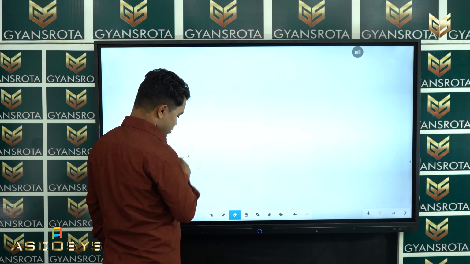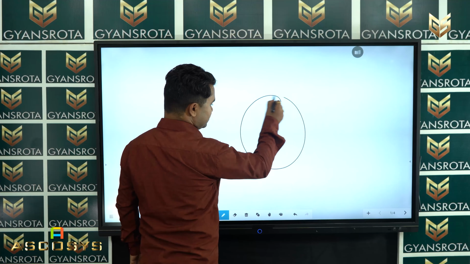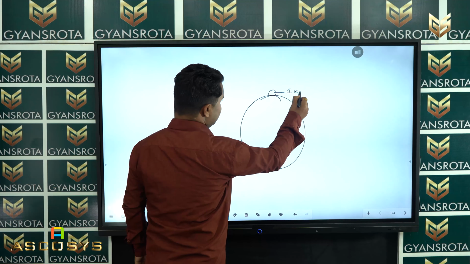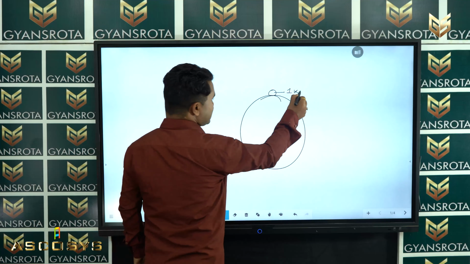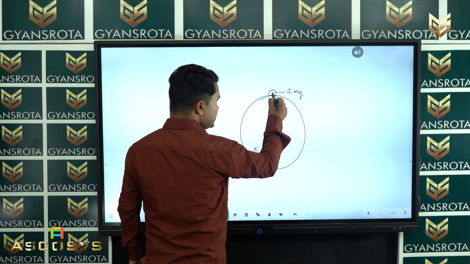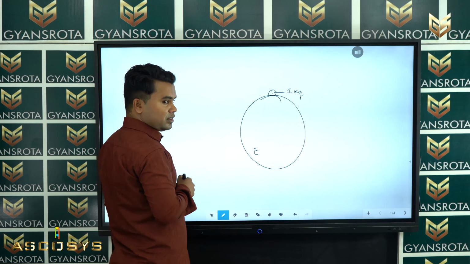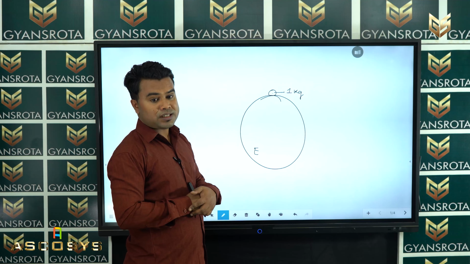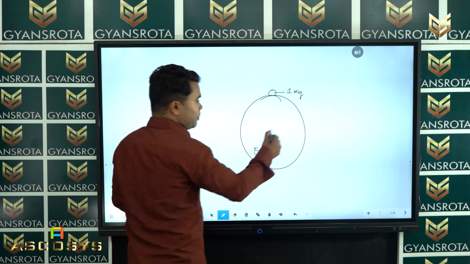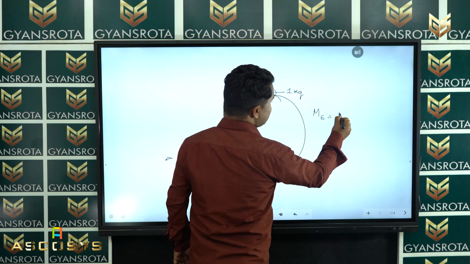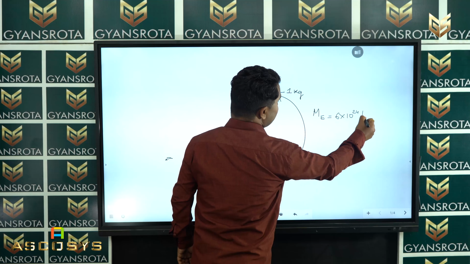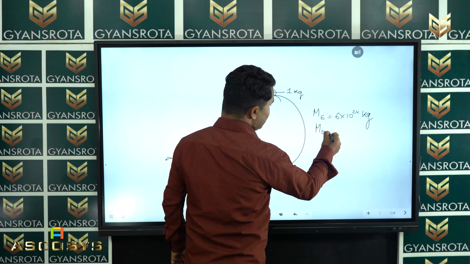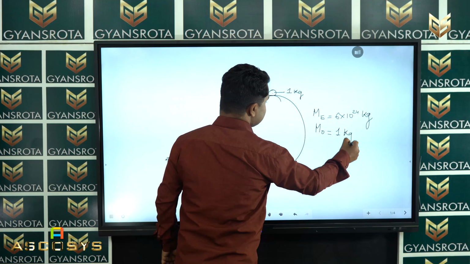Suppose you have the earth and there is a mass of 1 kg resting on the earth's surface. They are asking you what is the gravitational force between that mass and the earth. The mass of the earth is 6 into 10 to the power 24 kg, and the mass of the object is 1 kg.